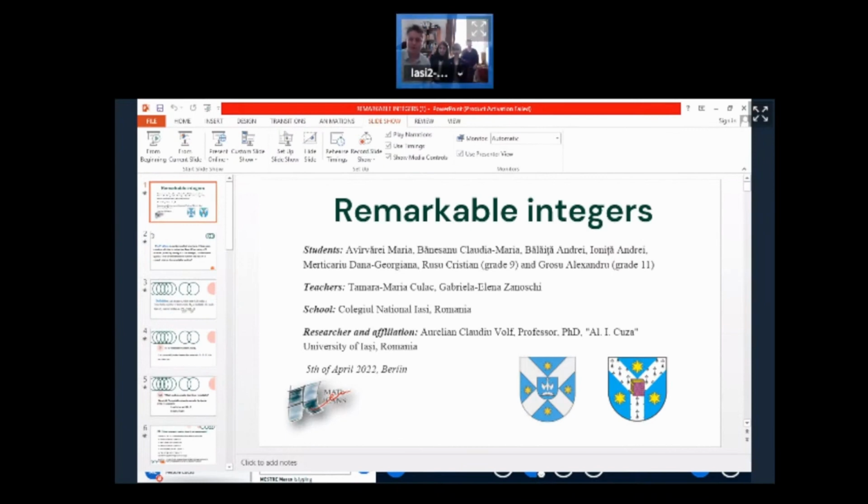2. Which numbers smaller than 6 are remarkable? The remarkable numbers that are smaller than 6 can be divided into categories: positive integers and negative integers. Which numbers smaller than 6 are remarkable? 1, 2, 3, 4, and 5 are remarkable numbers because there exist multiples.